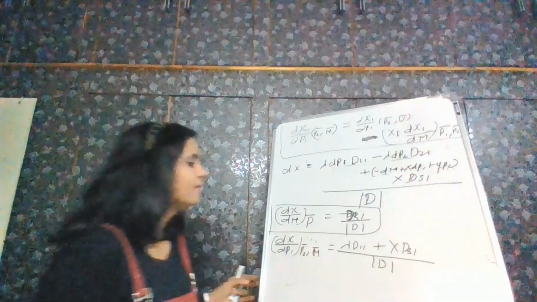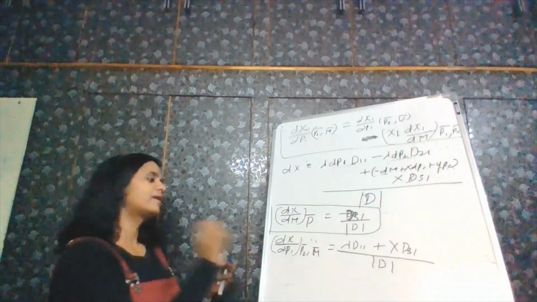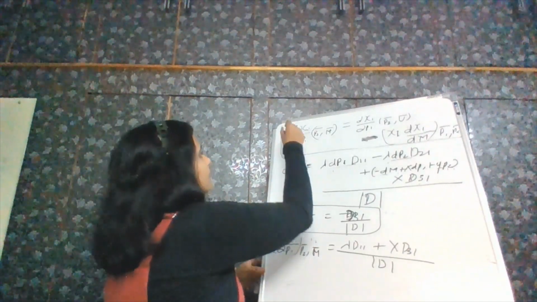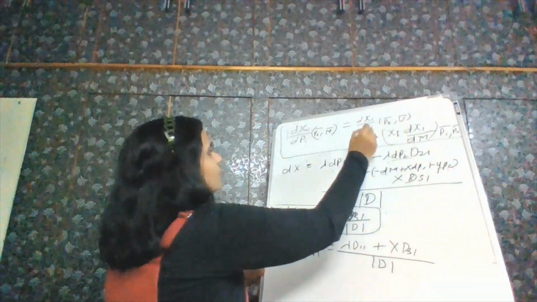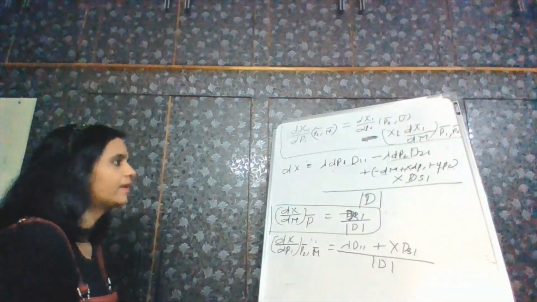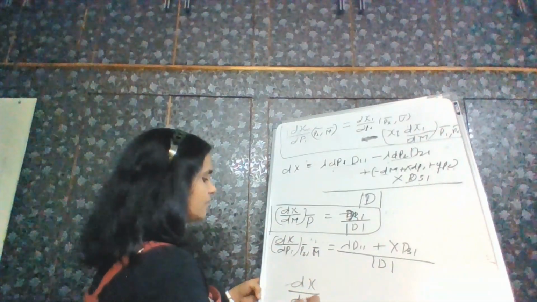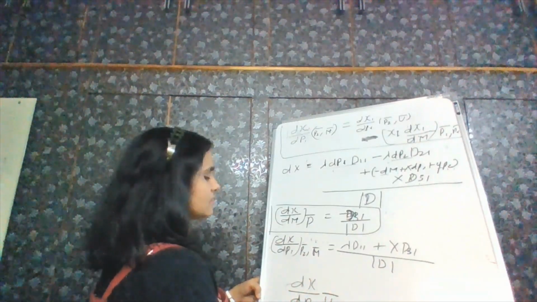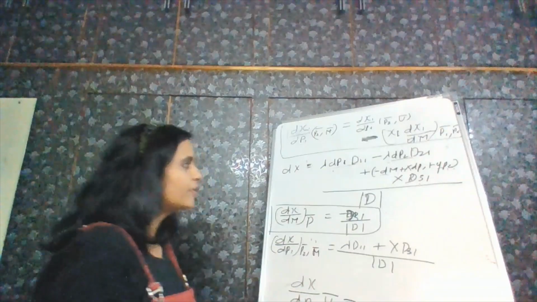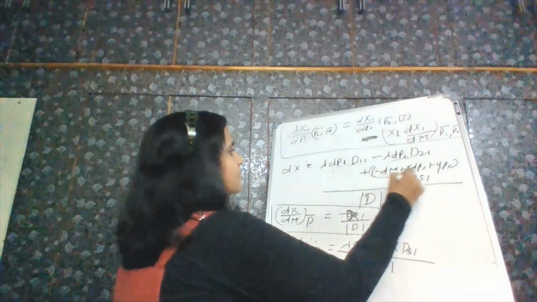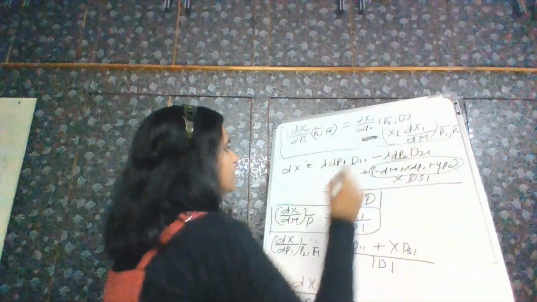Okay. So now you have derived these two. Now we will derive this dx1 by dp1, which we are saying is when utility is constant and p2 is constant. Utility constant means this becomes 0 and p2 becomes 0.